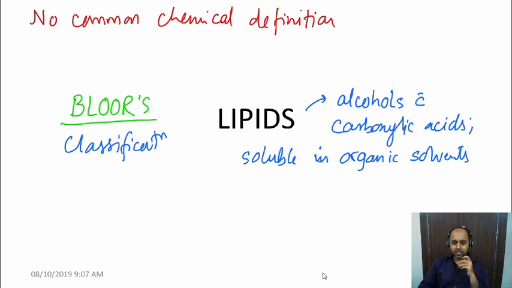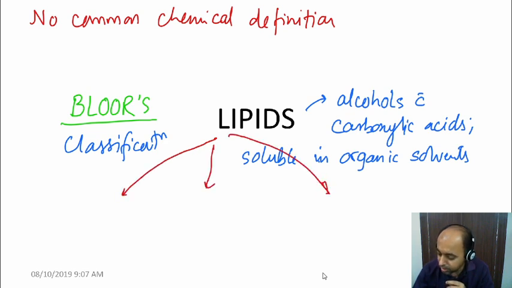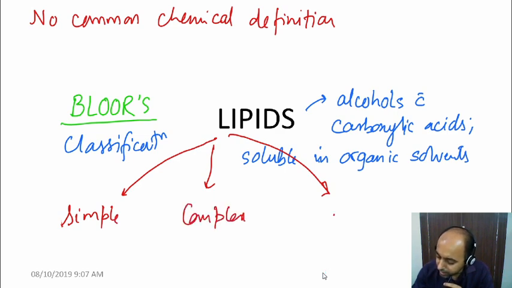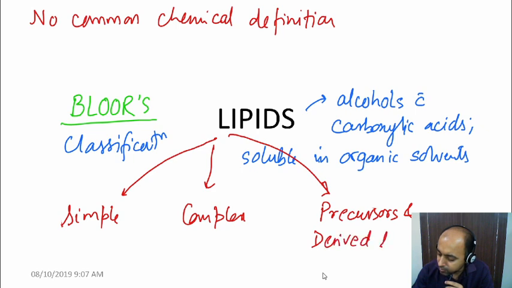Let's look at the classification of the lipids. Broadly, we classify them under three categories: the simple lipids, the complex lipids, and the third one are not exactly lipids, and they are precursors and derived molecules.